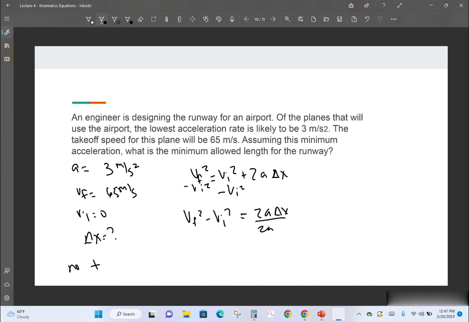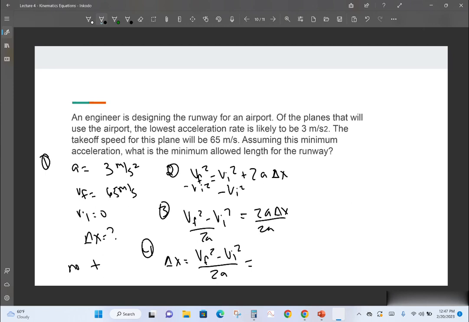Then I'm going to divide both sides by 2a. So I listed what I knew. I gave my equation. I solved for what I was looking for algebraically. And now I'm going to solve the problem.